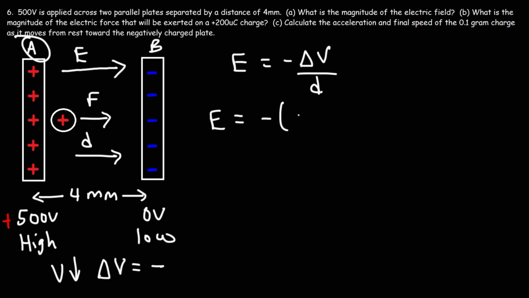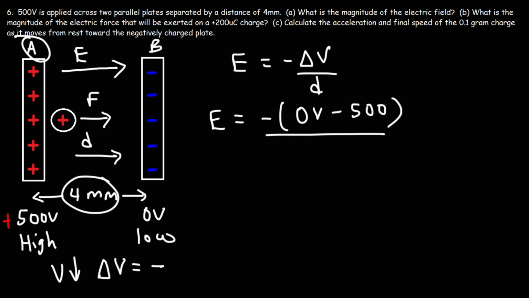So the final potential is 0 volts minus an initial potential of positive 500 volts. And our displacement as we move from left to right, because we're moving in the positive x direction, is going to be positive 4 millimeters. To convert millimeters into meters, divide by 1,000. 4 divided by 1,000 is 0.004.